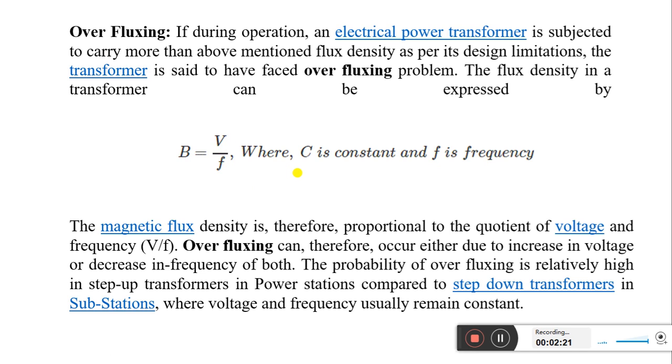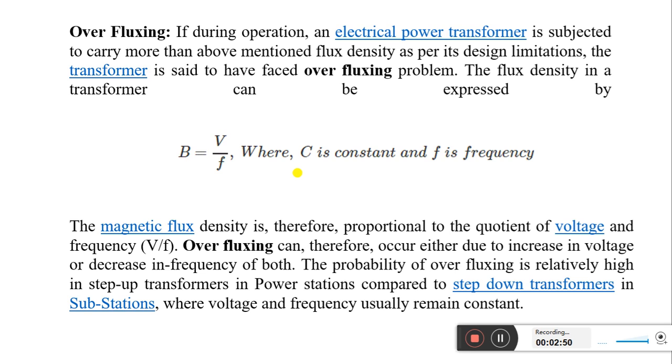So what is overfluxing? Overfluxing means that during normal operation, if the transformer is subjected to a flux density more than the rated flux density as per the manufacturer's design, then the transformer is said to have faced an overfluxing problem.